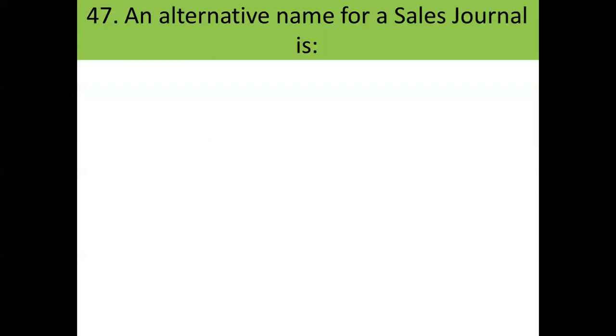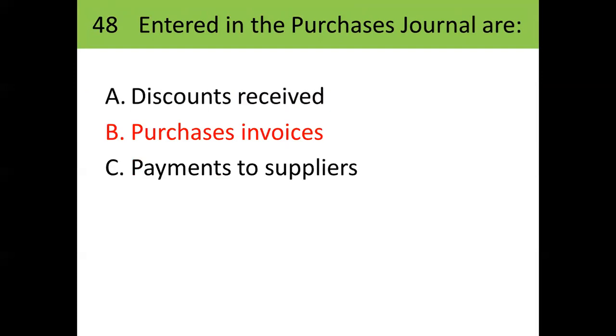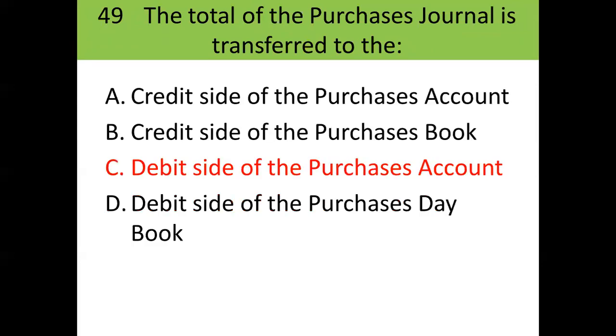Next question. An alternative name for the sales journal is the sales daybook. Entered in the purchase journal are the purchase invoices. The list of purchase invoices will be entered in the purchase journal. The total of the purchase journal is transferred to the debit side of the purchase account.